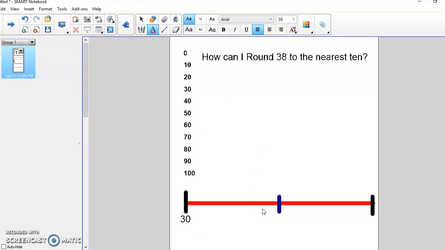Okay, so there's 30. I know my first 10 is 30 because if I count 30, 31, 32, 33, 34, 35, 36, 37, 38, 39, 40, I hear the number 38.